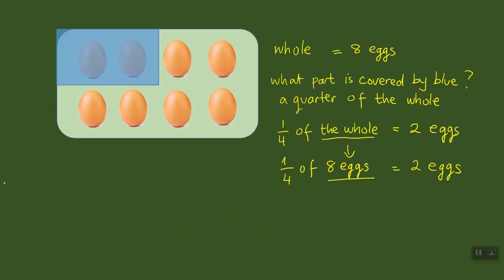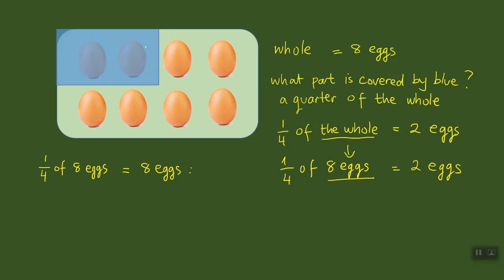Okay, now we see this picture again. The part that is covered by the blue layer is a quarter of the whole, that is 8x. A quarter of 8x can also be said as 8x divided by... can you see how many equal groups it is divided into?